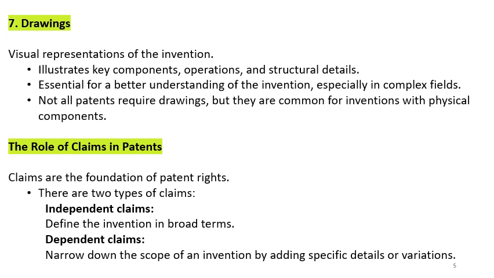The role of claims in patents: claims are the foundation of the patent rights. There are two types of claims, as I have mentioned earlier, independent claims and dependent claims. Independent claims define the invention in broad terms, and dependent claims narrow down the scope of the invention by adding specific details or variations.